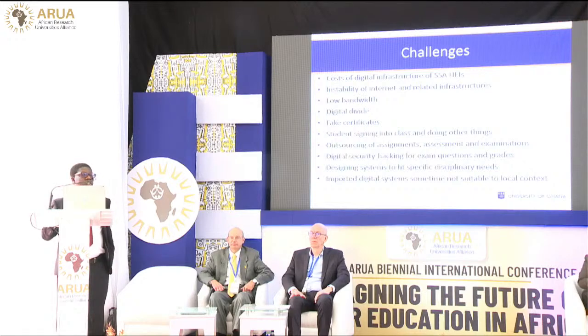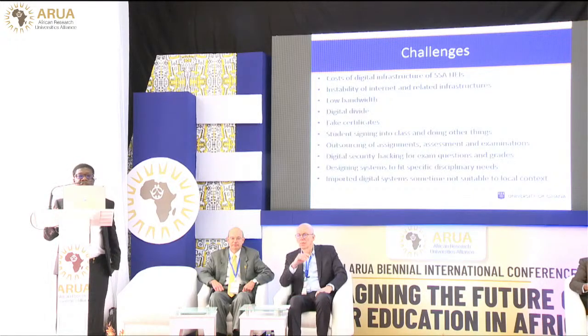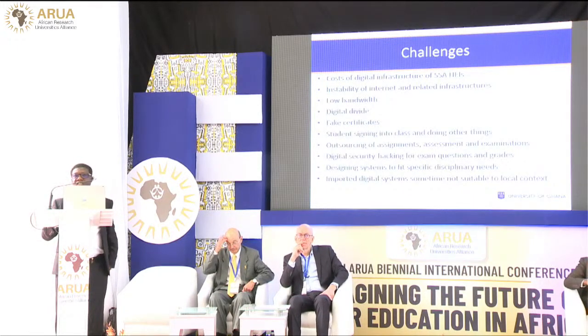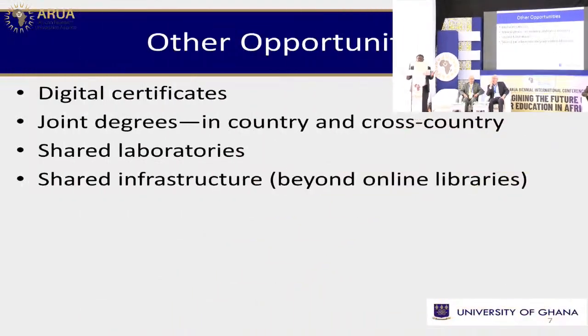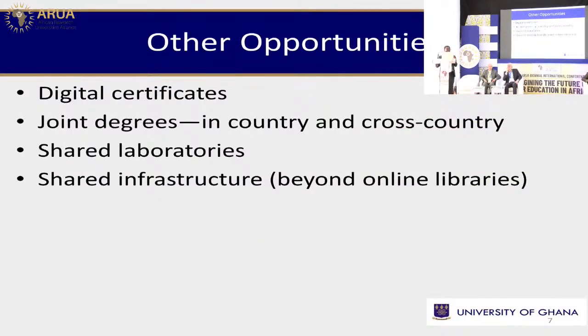The issue is that we have an opportunity for digital certificates. These are not going to be papers, but could even be a number that can be traced to the original institution. And we will come back to how to respond to this.